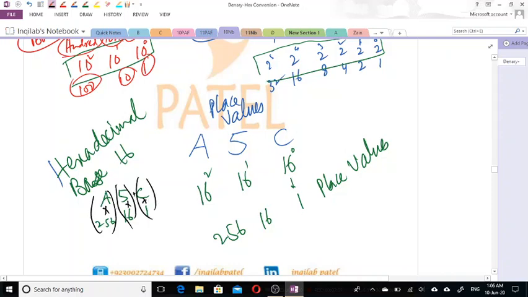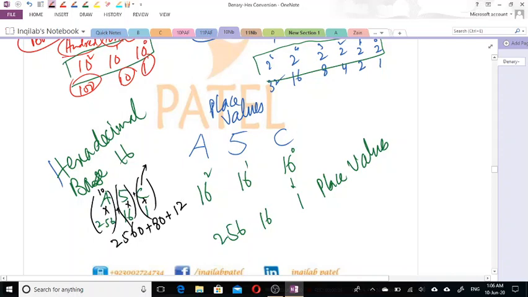A times 256, A is basically 10. 10 times 256 is 2560. 5 times 16 is equal to 80, and C is basically 12. 12 times 1 is equal to 12.